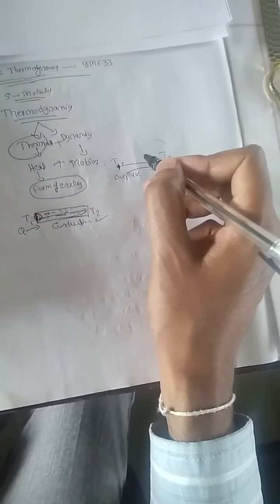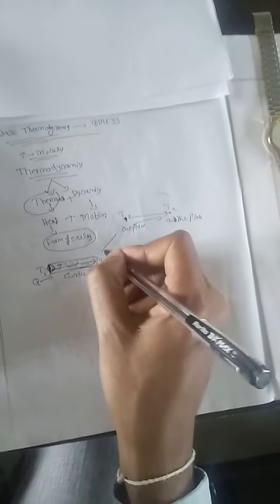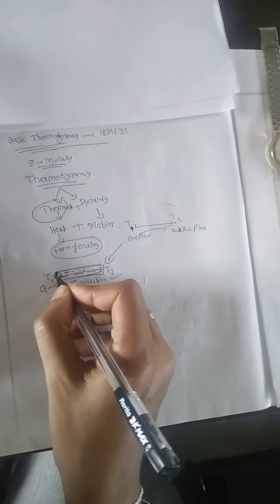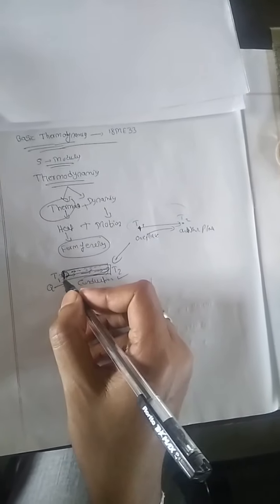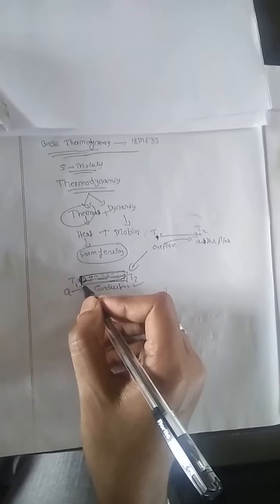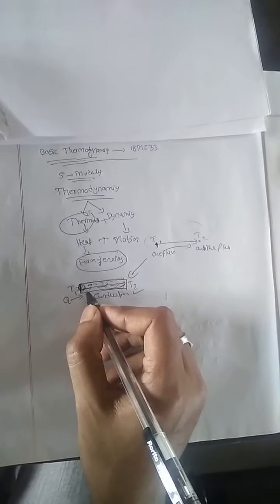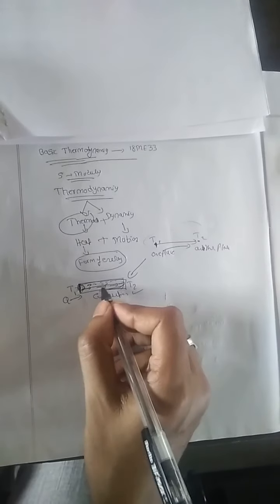This we call thermodynamics. Consider this rod as the example: when you supply heat to the T1 side, the temperature is more on this side, and while moving from T1 to T2, due to conduction, the temperature reduces from T1 to T2.